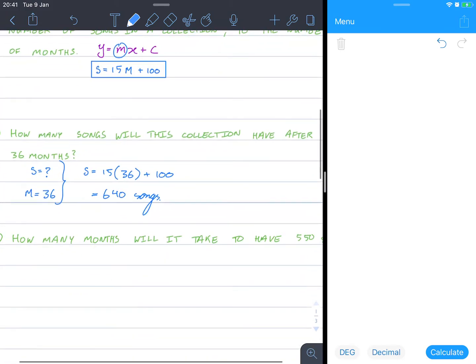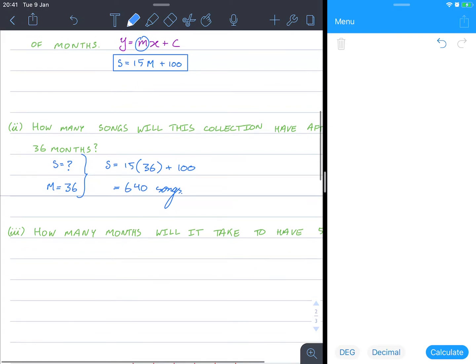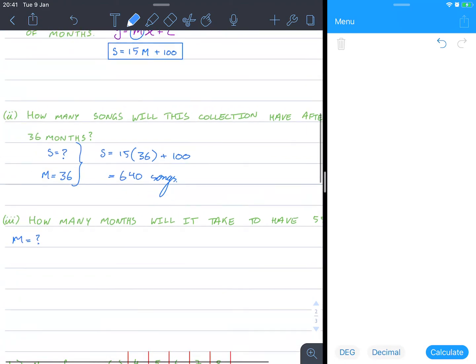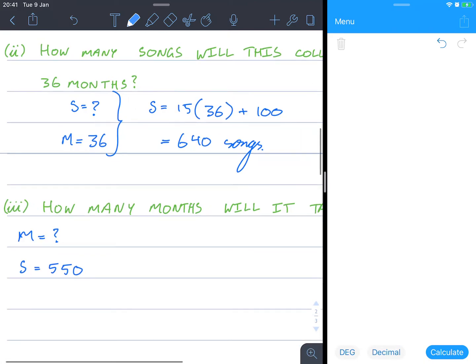Let's do one more question like this. How many months will it take to have 550 songs? Well, it says how many months, meaning M, we don't know, will it take to have 550 songs? Well, we're being told a different value. This is s is equal to 550.